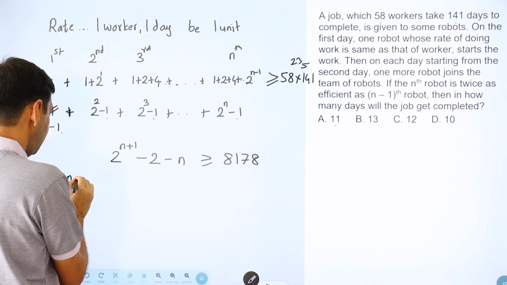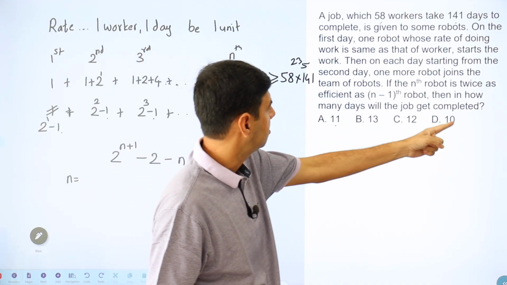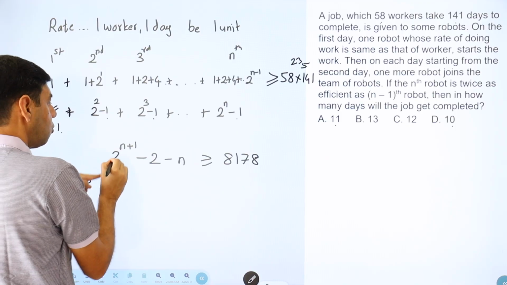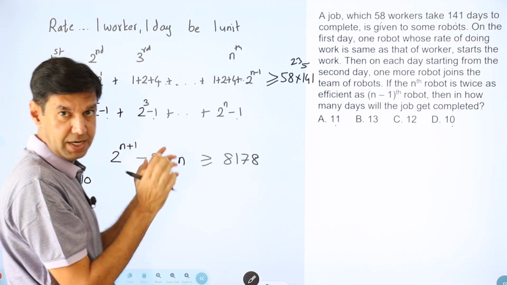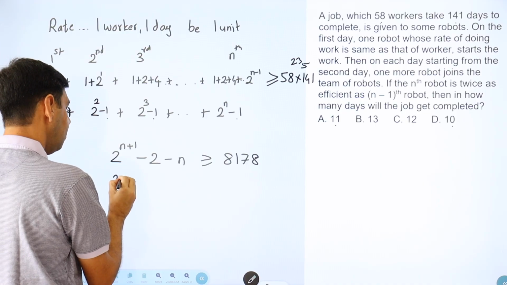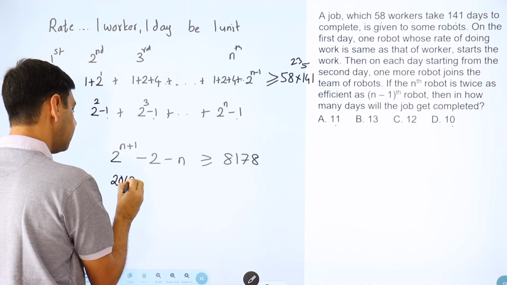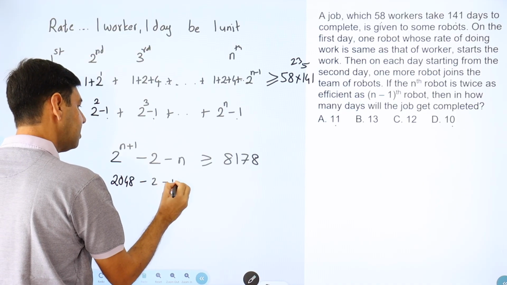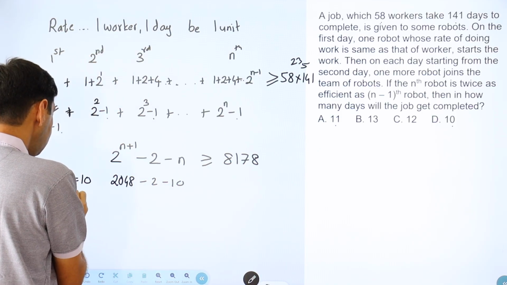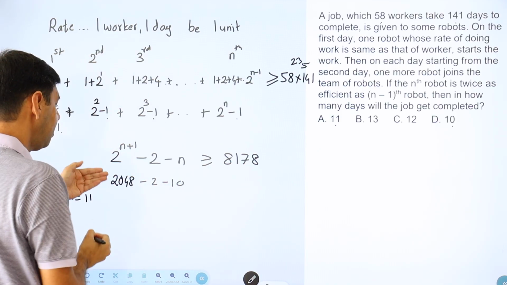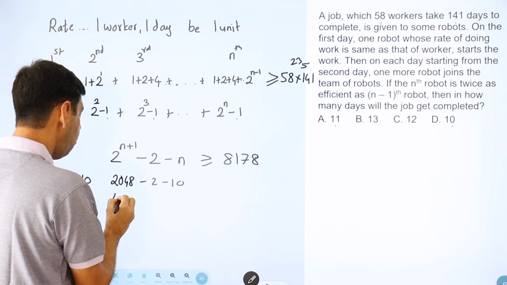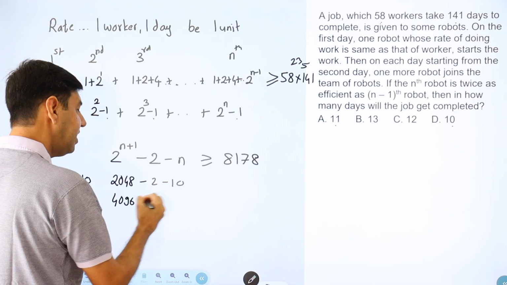So I'll start from my options and I'll choose the lowest option, which is 10. So if n is 10, 2 raised to 11, 2 raised to 10 is 1024. You should know 2 raised to 12 will become 2048. Minus 2 minus 10. Now this is not going to be as great as that. In fact, you should even know that 11 will also not make it, because this will be the next power of 2, which will be 4096 minus something.